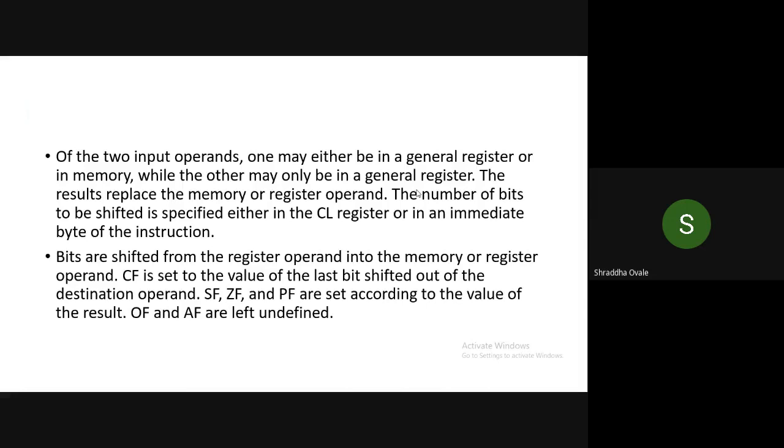And if the result contains an even number of ones, the PF flag, that is the parity flag, will be set. OF and AF, that is overflow and auxiliary carry flag, are left undefined because you are just shifting, so they are not disturbed.